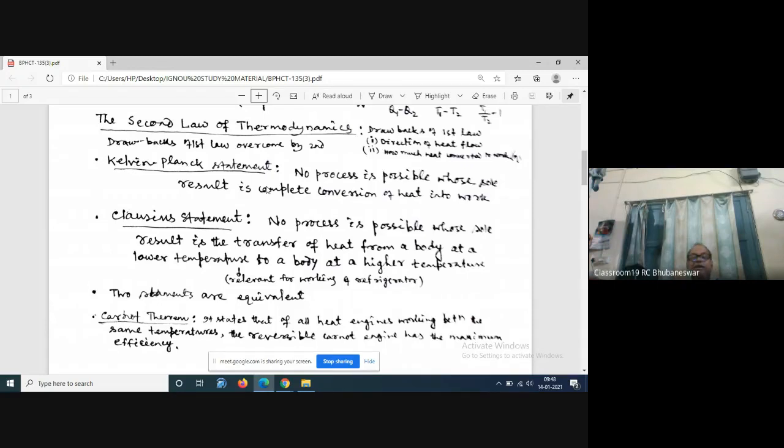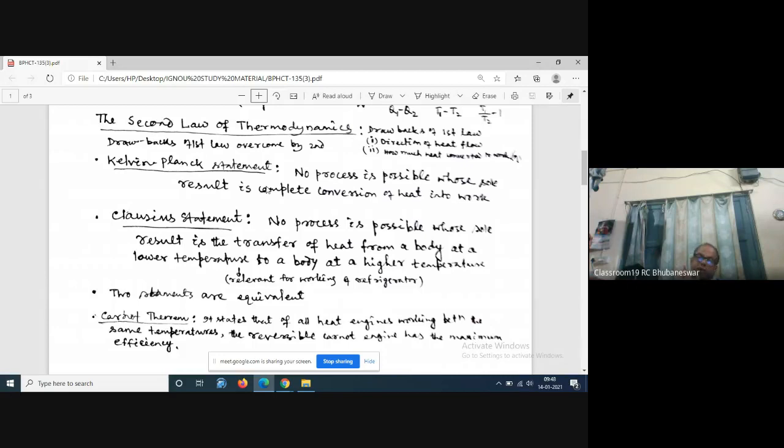Efficiency cannot be 1. If efficiency cannot be 1, then you must have two sources, that is two reservoirs. One is the source, the higher hot reservoir, and another should be the low reservoir, because without a temperature difference the engine cannot perform.